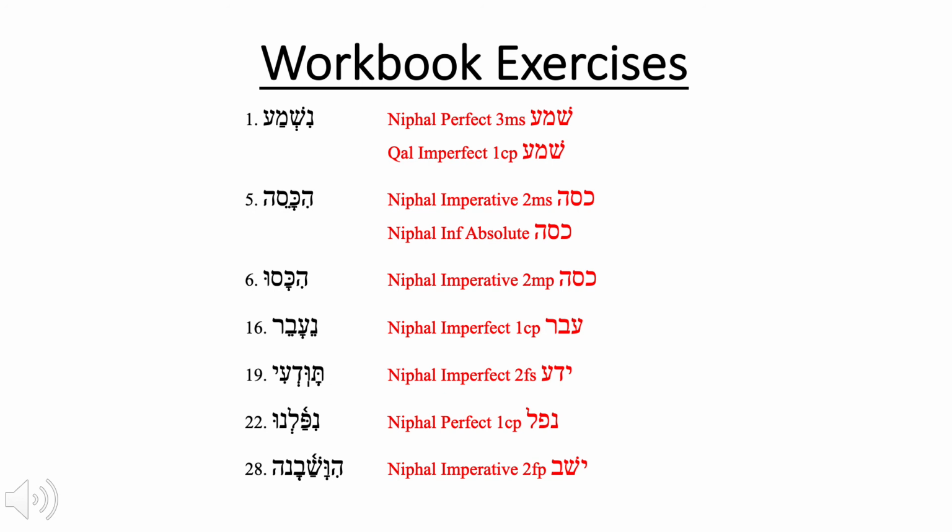However, because of the fact that we have na at the end of this verb, we know that this used to be tav preformative plus a na suffix, which is a second feminine plural combination. We've dropped the tav prefix and instead put in the hey for the imperative. Again, we have the qamets under the vav, and the vav has a dagesh. This is not a shureq, this is a vav acting as a consonant because the root is yashav. That yod has gone back to the historical vav.